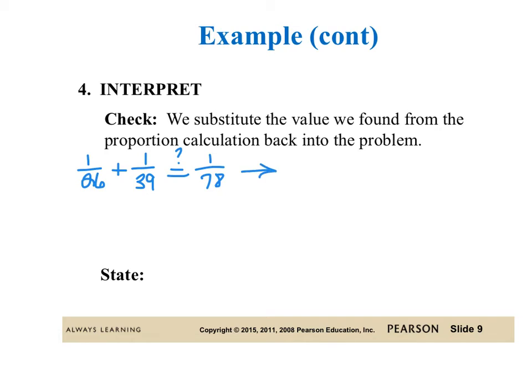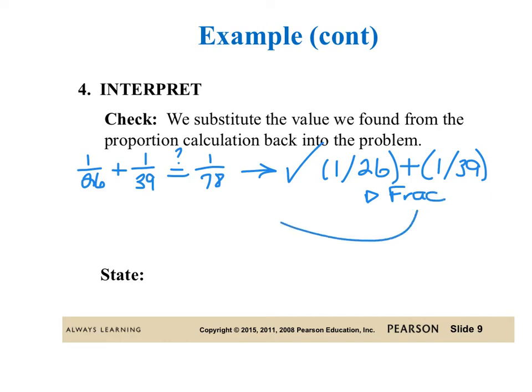If you enter that into your calculator, parentheses 1 divided by 26, close parentheses plus, parentheses 1 divided by 39, and then choose to have the answer as a fraction, that is the answer that you get.